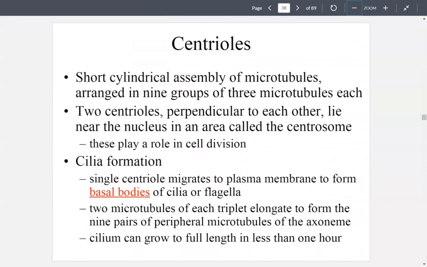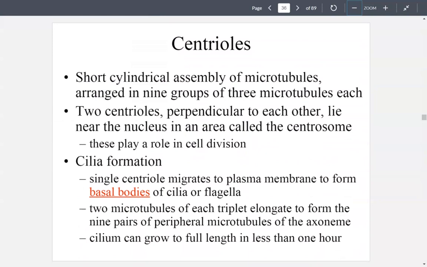All right, what is a centriole? A centriole is a short cylindrical assembly of microtubules arranged in 9 groups of 3 tubes each. You have 2 centrioles. They typically hang out perpendicular to each other. These centrioles are going to hang out right near the nucleus, and they're really not going to play a role until the cell is undergoing a reproduction stage.